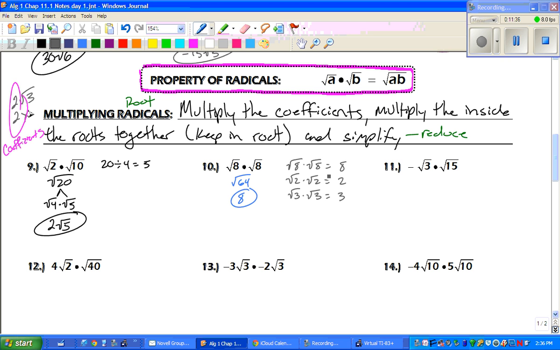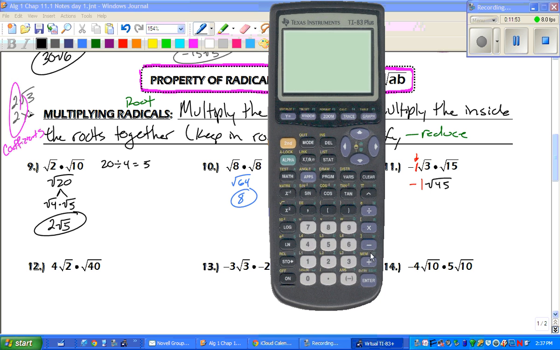All right, let's look at number 11. Now, don't be fooled by the negative sign out there. They're just saying negative 1. There is a negative 1 on the outside, but that doesn't matter with the 45. So with the 45, the closest perfect square is 36. That doesn't go into it. What about 25?